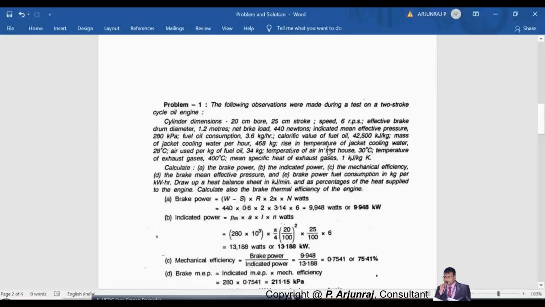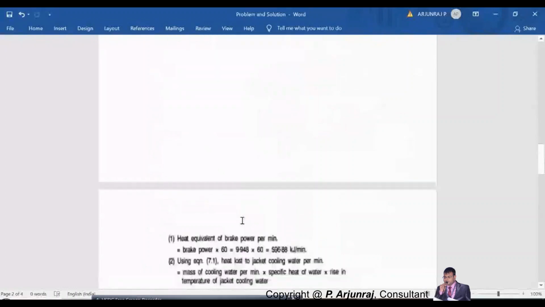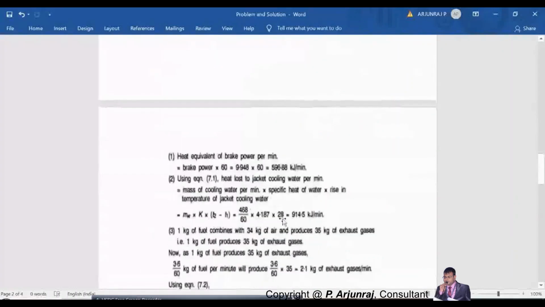Here they have given the rise in temperature of the water jacket, which means the temperature difference, directly as 28 degrees. Suppose they had given the inlet temperature and outlet temperature, then you would have to subtract them and put the value here. But here they have given it directly as 28 degrees, so you put that difference directly.